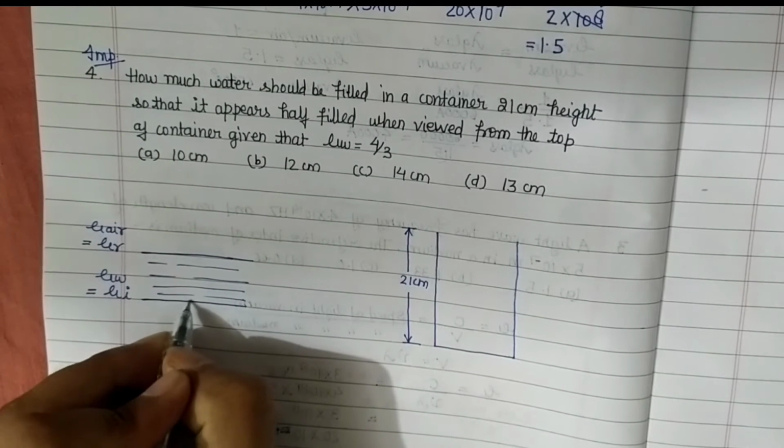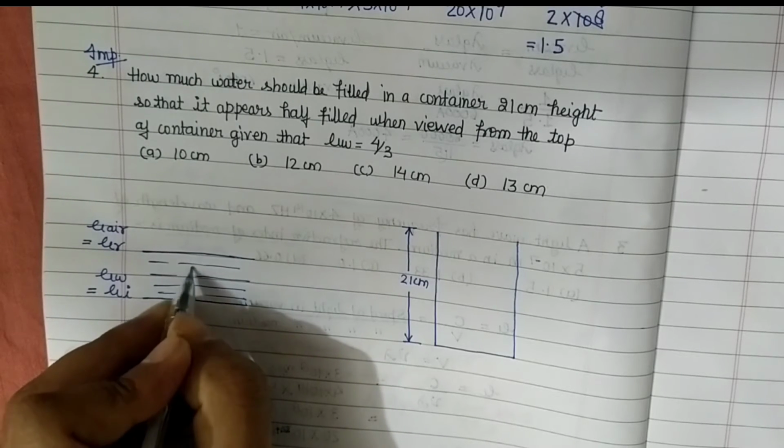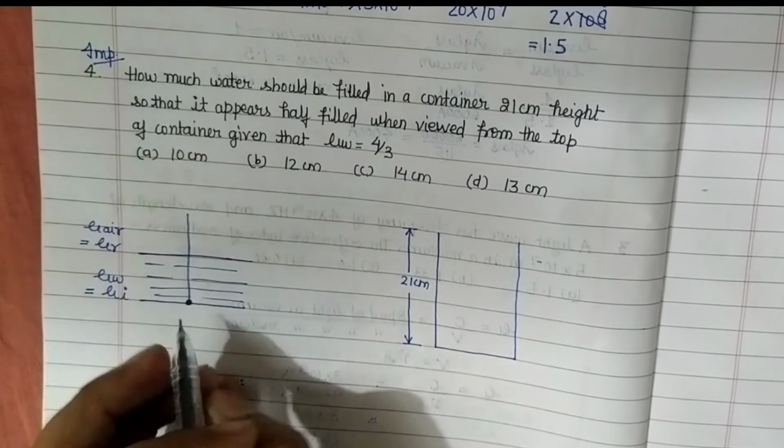Why? Because in this derivation, if an object is placed here, we will drop a normal here.